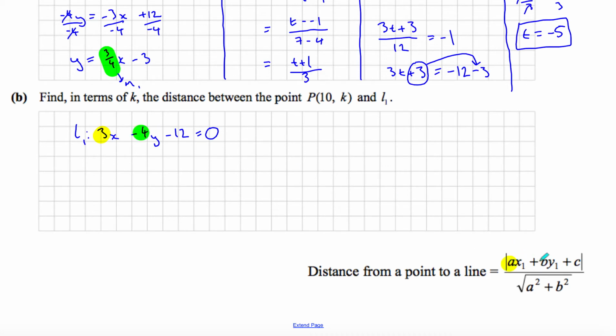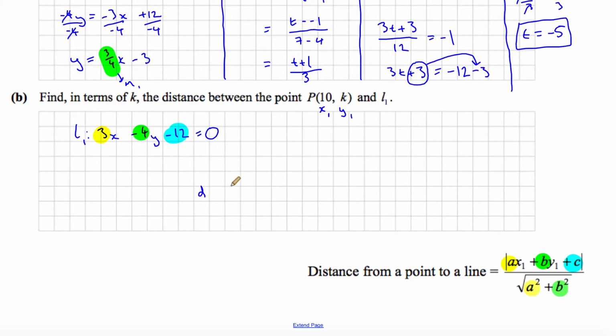Minus 4 will be the b value, and again they go in down there as well. And then the c value will be the constant negative 12. That's going to go there. And then the x1, y1 is the point, so that's going to be x1, y1, 10 and k respectively.